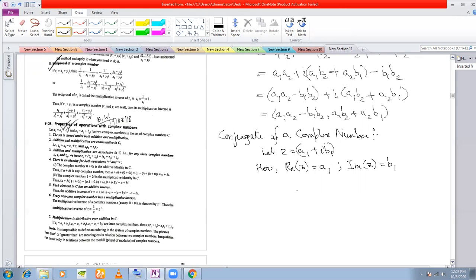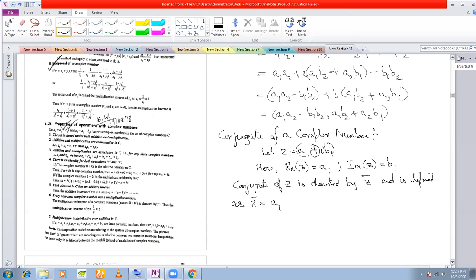Okay. Now we want to define a conjugate of a number. Remember that the conjugate of a complex number, in this case z, is denoted by z and you keep a bar on top, z bar, and is defined as z bar is equal to a1, and you change the sign of the imaginary part.